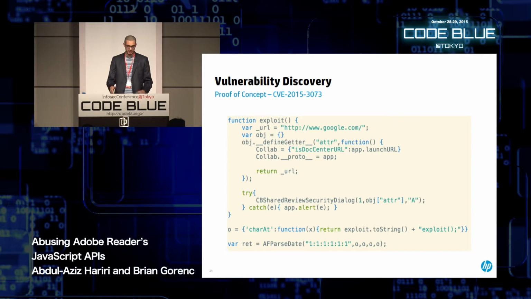What I did here is define a new object called collab, and I overloaded the isDocCenterURL method and replaced it with app.launchURL. App.launchURL is a privileged function, and then I set the proto of collab to app, which inherits all the properties and methods of app and puts them inside collab. And finally, I executed CBSharedReviewSecurityDialog with that specific object that I created. That would secure me execution inside a privilege block, which lies inside the trusted function. And that's how we can escalate.